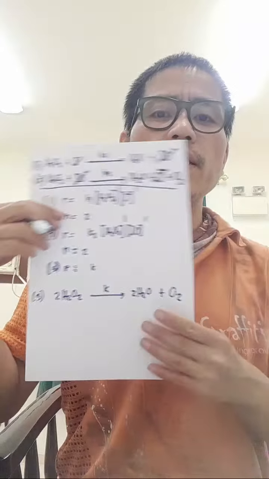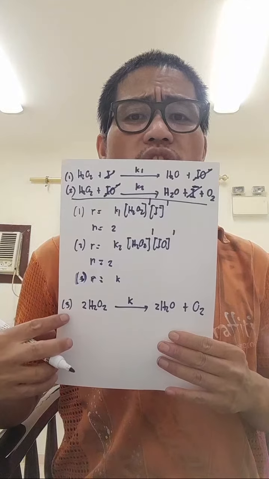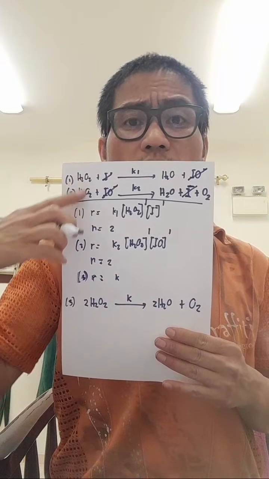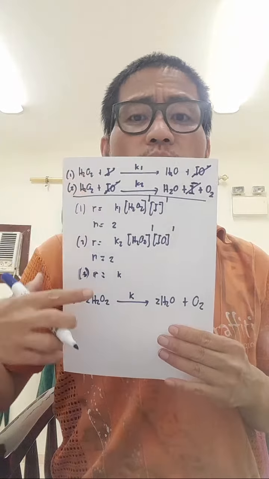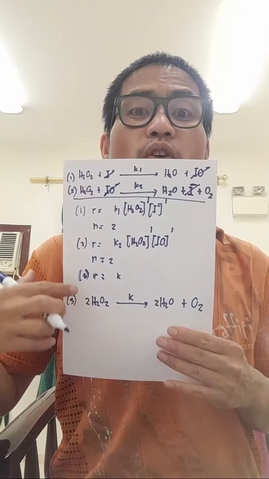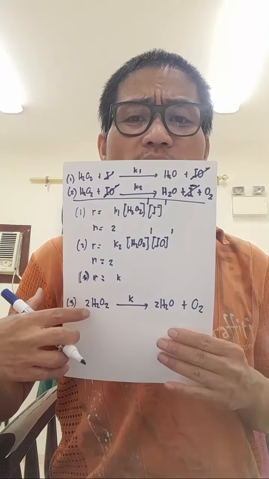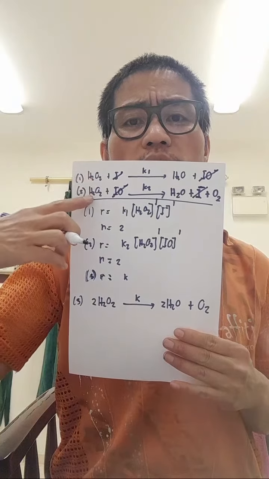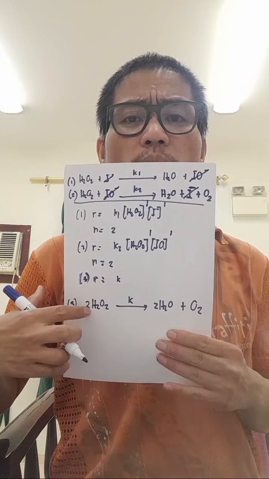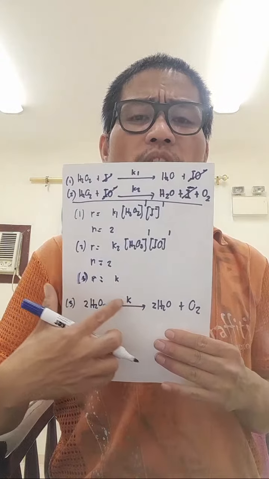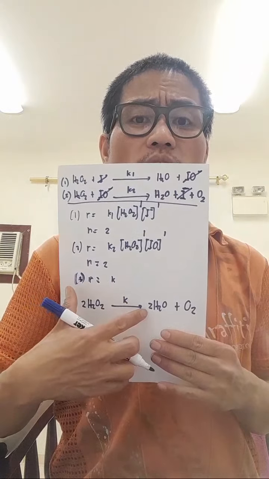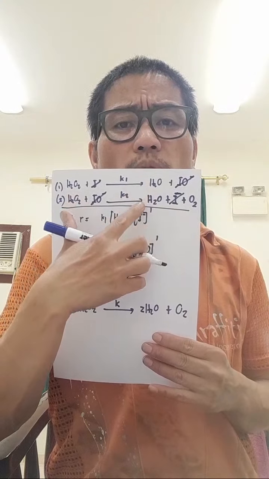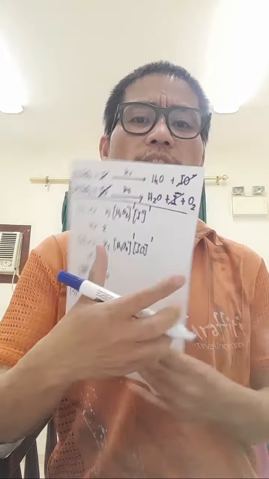If we sum reaction step 1 and reaction step 2, the elementary steps, we obtain the overall chemical reaction: 2H2O2. 2 moles of hydrogen peroxide, with the overall rate constant, gives 1 mole of water plus 1 mole of water, so 2 moles of water plus oxygen gas.